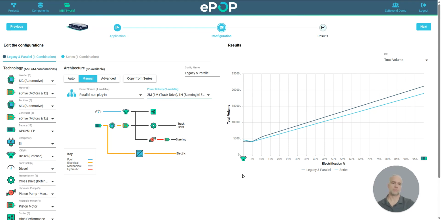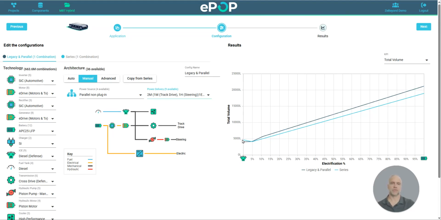So since ePOP doesn't know what the optimum answer will be, it solves for all battery sizes up to and including making the powertrain 100% battery. Now, in a lot of cases, and this is a good case, a very heavy main battle tank, it doesn't make sense to do a battery only.